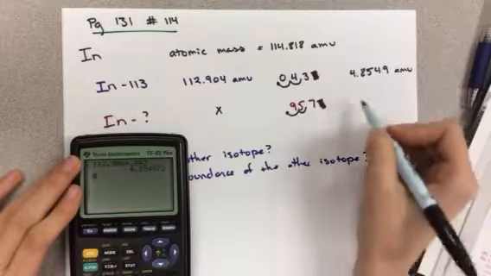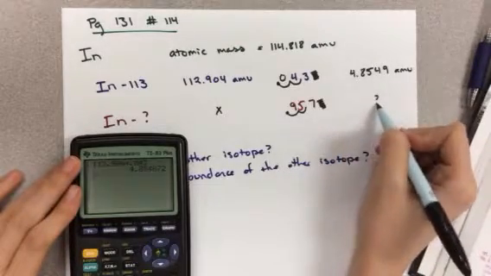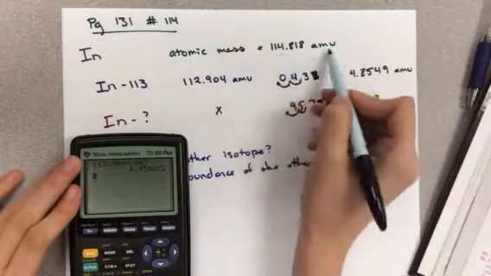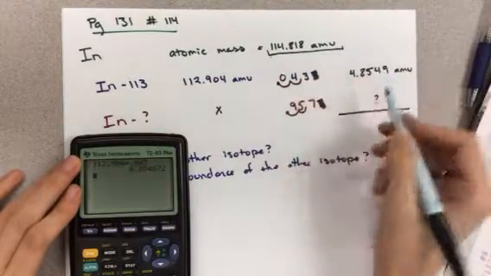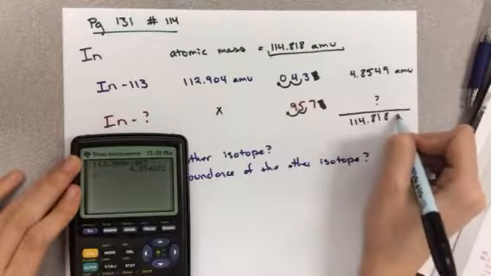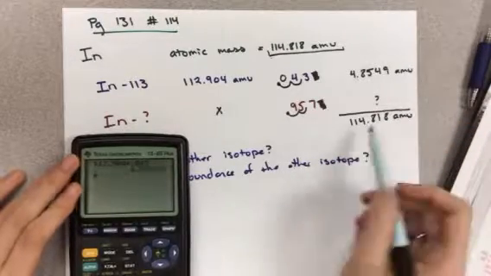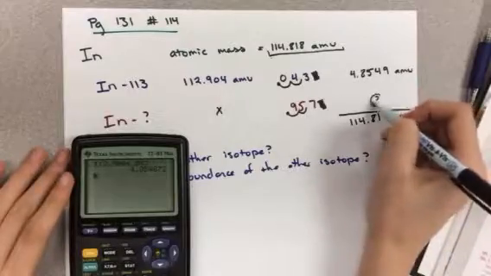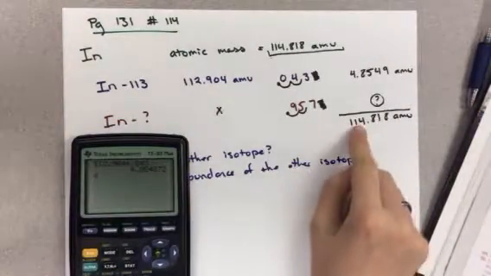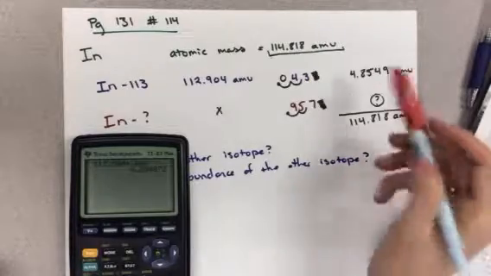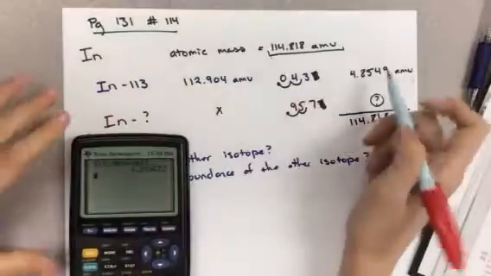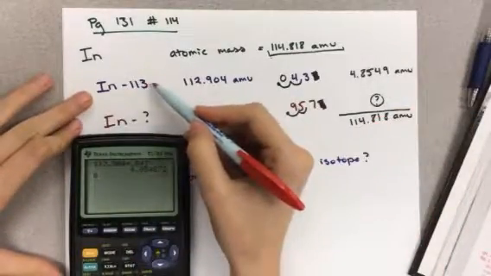Okay, and again, we have no idea what this one's going to be, but we do know that the total from the information given is 114.818 AMUs. So in this case, we can determine what this question mark is simply by taking this atomic mass and subtracting the mass that we got for this isotope.